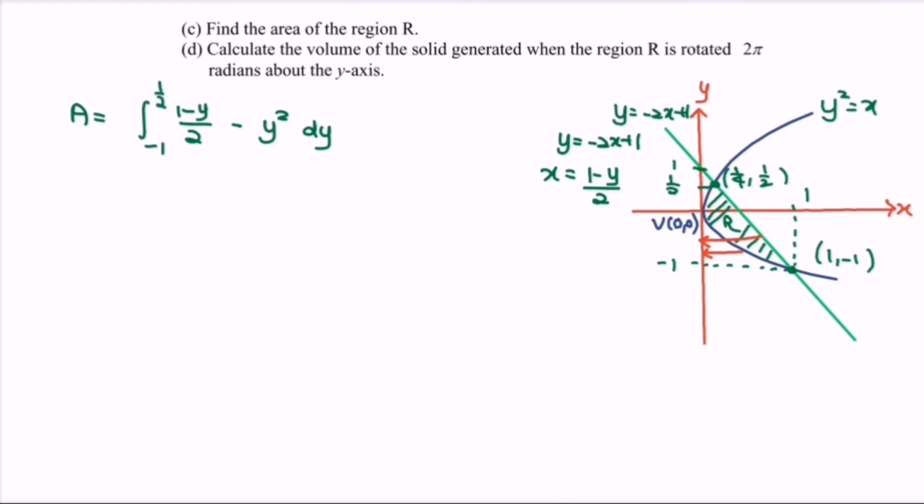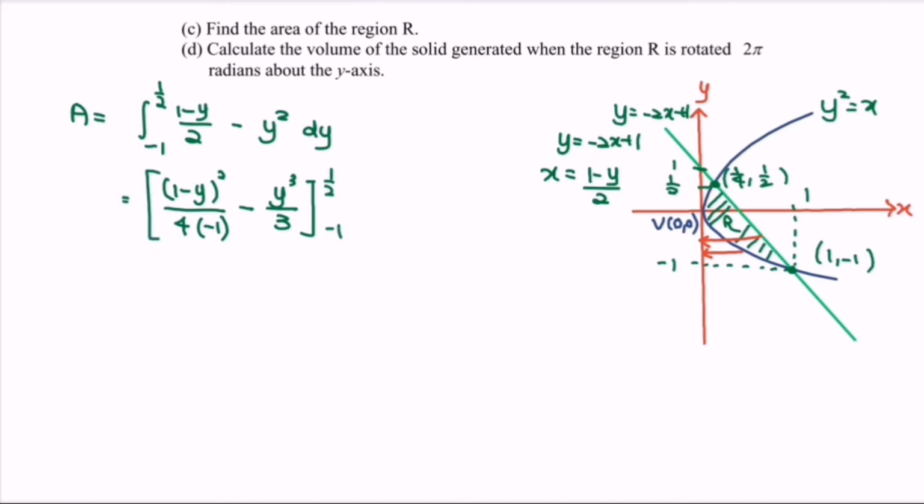So kindly integrate: (1 minus y) to the power of 2 over 4 multiplied with negative 1, minus y to the power of 3 over 3, for the limits 1 over 2 and negative 1.